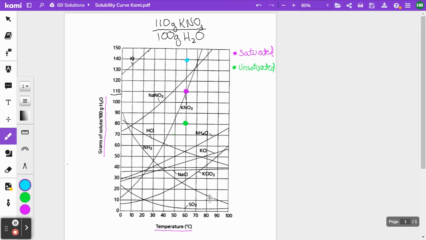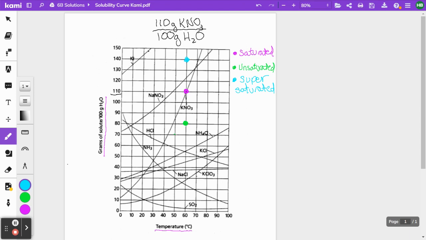Let's say you had 140 grams of KNO3 dissolved in 100 grams of water. This is what we would call a supersaturated solution. So on the line is saturated. That represents the solubility of KNO3, or how much will dissolve. Under the line would represent unsaturated. Over the line would represent supersaturated.